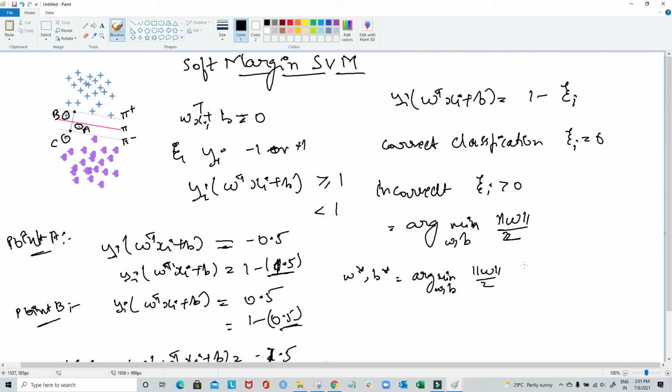This last term can be interpreted as the loss term, and the first term can be interpreted as our regularization term for SVM.